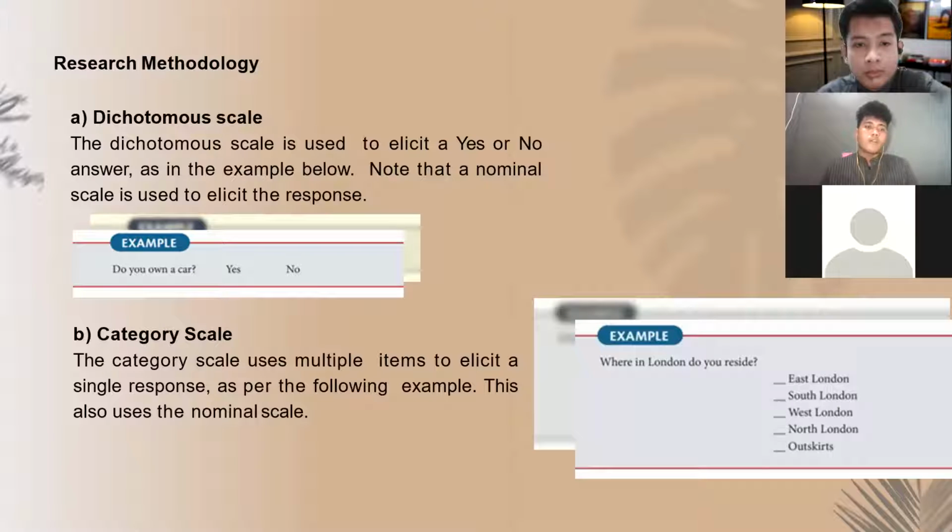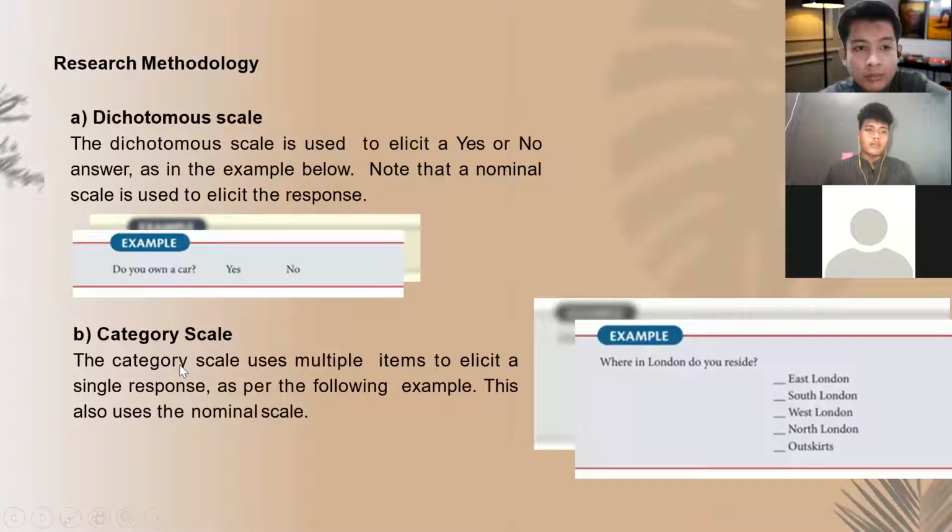Okay, first is the dichotomous scale. The dichotomous scale is used to elicit a yes or no answer, as in the example below. Note that a nominal scale is used to elicit the response. So this is the example: do you want to own a car, yes or no?